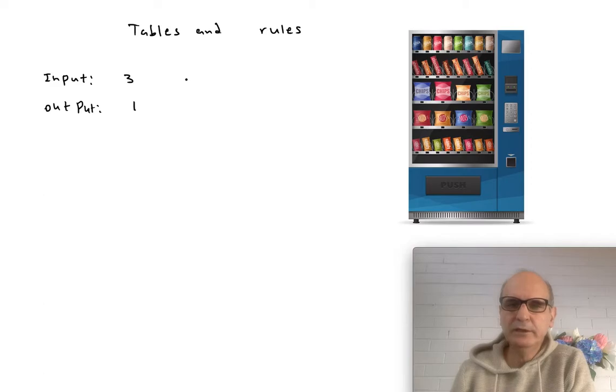If your input is $6, your output, which you will get from the machine, will be 2 packs of chips. And if you put in $9, you will get 3 packs of chips. As you can see, there is a certain relationship between the input, which in this case is the money you put into the vending machine, and the output, which is the bags of chips.